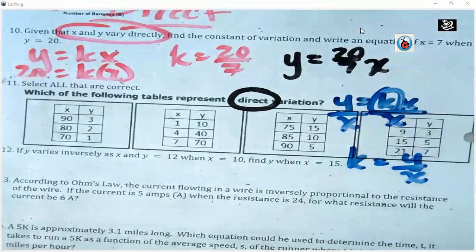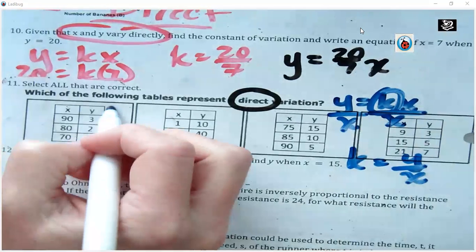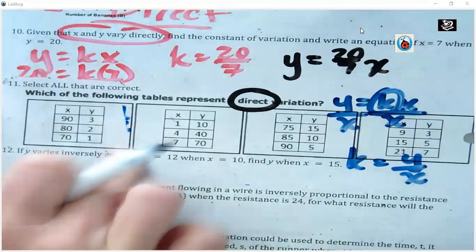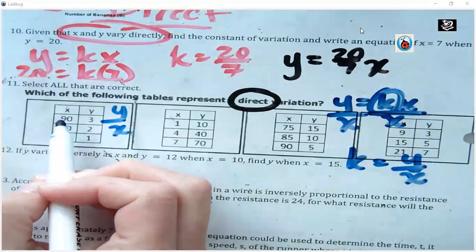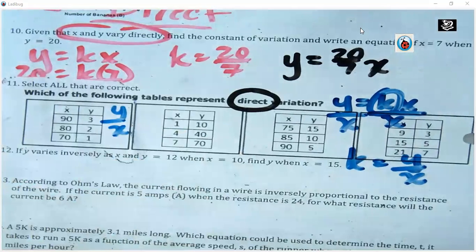I'm going to take y and divide it by x and see if I get a constant. 3 divided by 90 is 0.03 repeating. We're going to make it a fraction. On your calculator, you can hit math, enter, so you get 1 over 30.